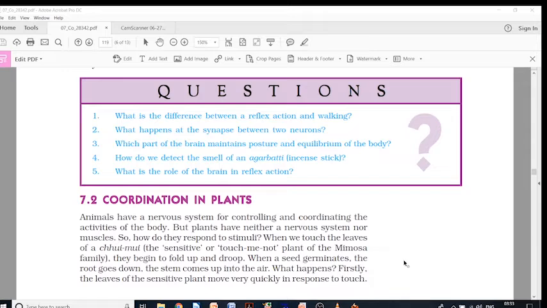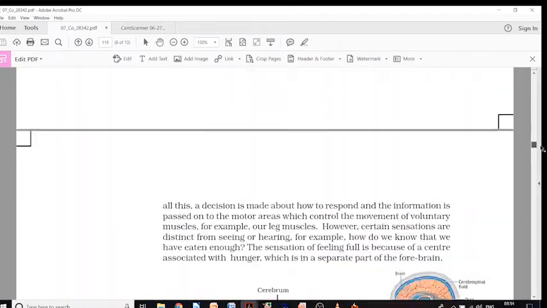What is the role of the brain in reflex action? As we have already discussed, in reflex action the sensory neuron transfers the signal to the spinal cord, and one more signal is transferred to the brain, but the brain does not give any signal back. The motor neuron originates from the spinal cord. Let's look at the diagram once again.